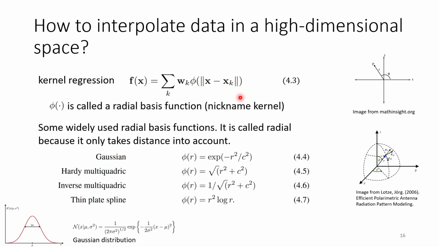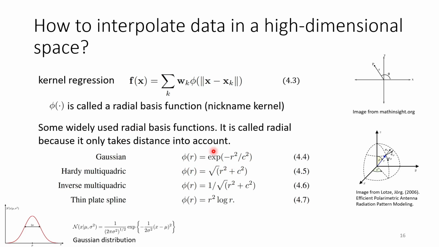So radius, the concept of radius in two-dimensional space, is the distance from the origin to a certain point P. And in a three-dimensional space, it is the origin to another point. Okay. Therefore, there are some widely used radial basis functions. The Gaussian, it is written in this format.